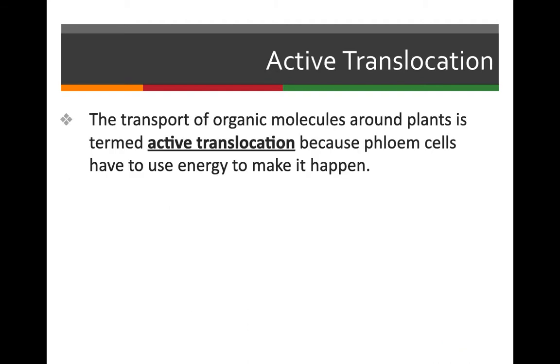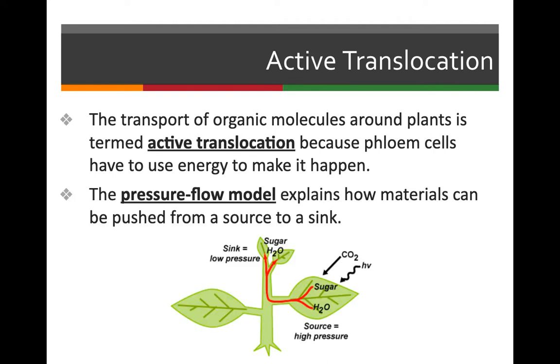So, how do these things get moved around the plant? The transport of organic molecules around plants is termed active translocation because it requires energy. That's what the active part means. So, the pressure flow model explains how these materials can be pushed from a source to a sink.